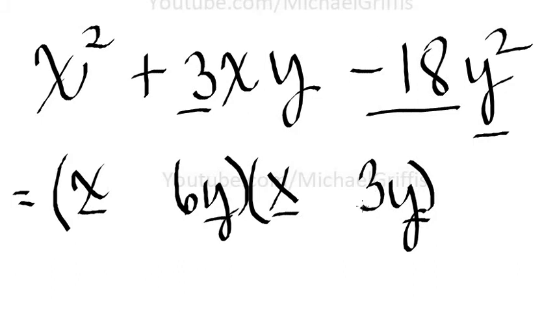Okay. That's a positive 3, so that 6 has got to be positive. The 6 out in front will have to be positive, and the 3 will have to be negative. Okay, I believe that's it.